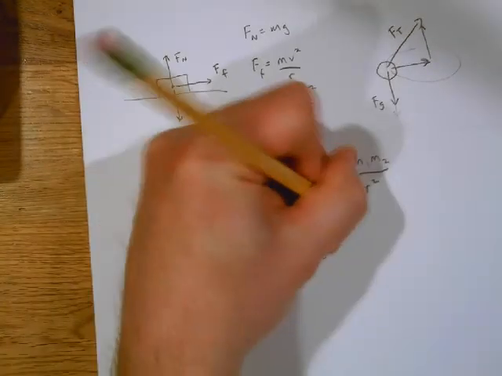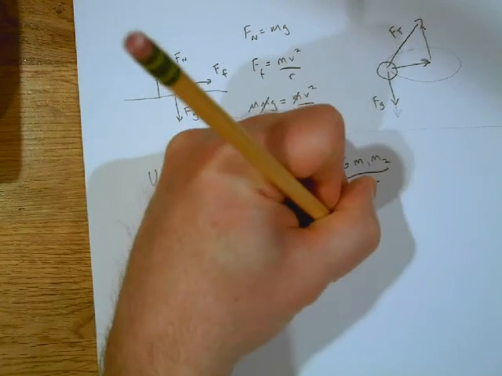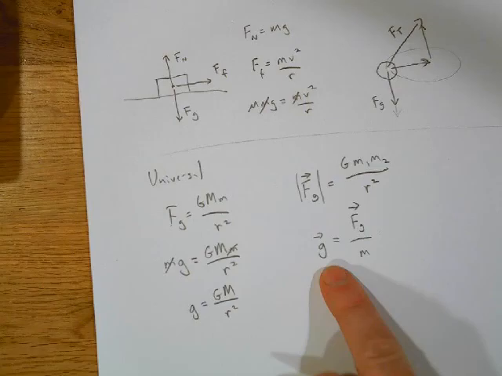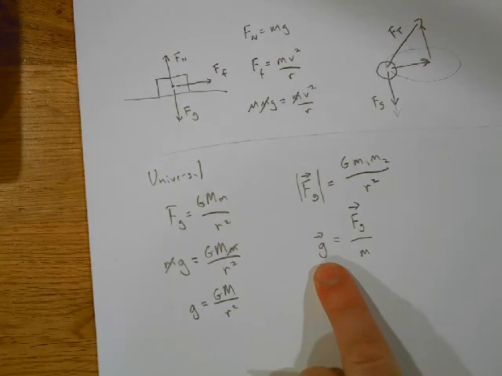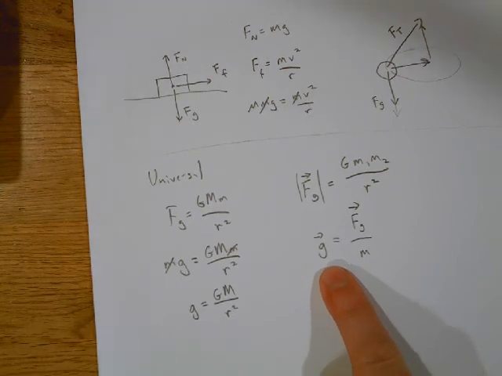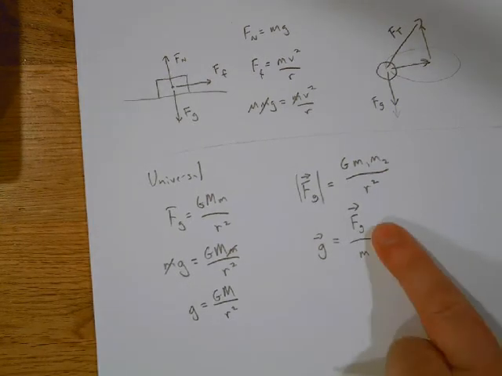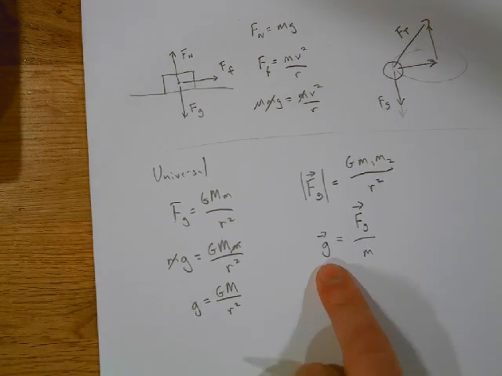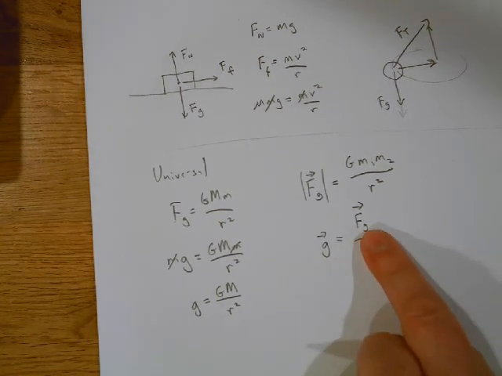On the formula sheet, if you look on there, you will see this is on there. So g equals Fg over m. And they write it this way to tell you that, well, this should make sense because this is just F equals ma with g instead of a. The magnitude of the acceleration due to gravity depends on the force of gravity and the mass.